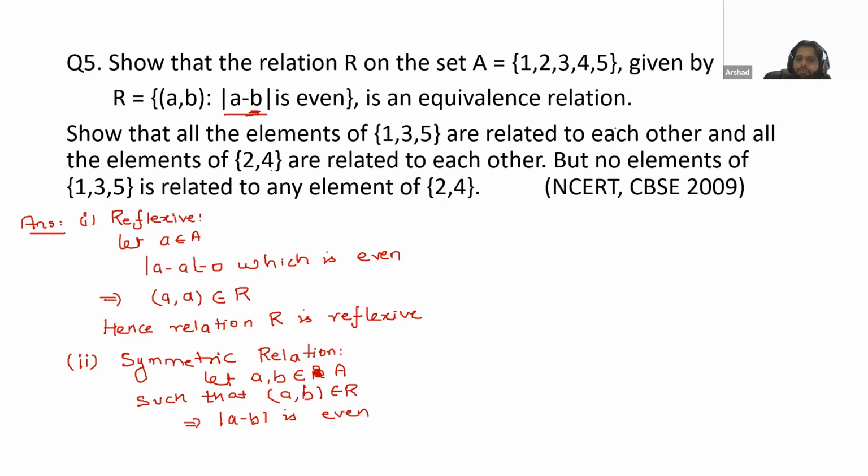Now what do we need to prove? We need to prove that (b, a) should also belong to R. For (b, a), we need b minus a. Here we are saying that modulus of a minus b is even, so we can also say that modulus of b minus a is also even. For example, 1 minus 3 gives 2, and 3 minus 1 again gives 2. If 1 minus 3 is even, then 3 minus 1 will also be even.